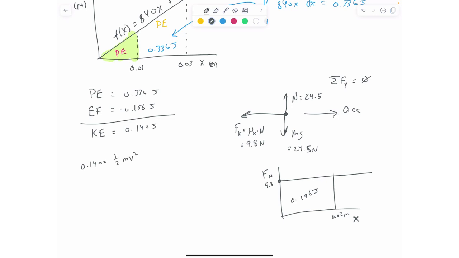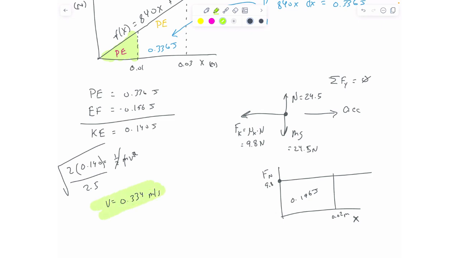You can multiply both sides by 2 to get rid of this half, and then divide by mass. Your mass is 2.5, and then you can get rid of this square by taking the square root. Then you end up with your velocity equals 0.334 meters per second, and that's it right there. That's your velocity.